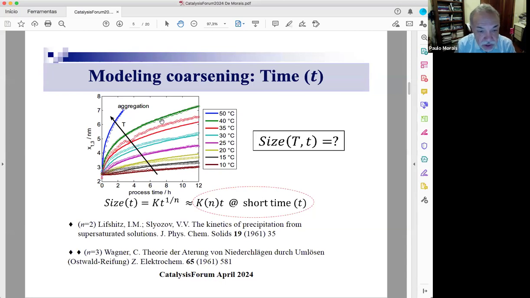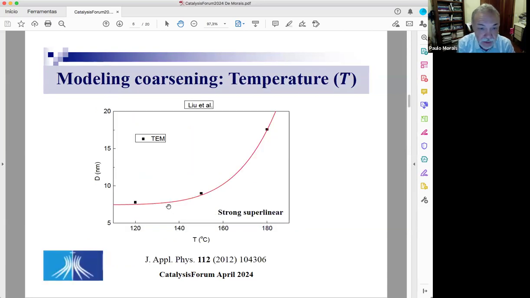So if you look at these curves here, obviously they come very near to this behavior. Okay. But now, how does the coarsening depend on temperature? I'm going to show you a set of data which are very different from one another.